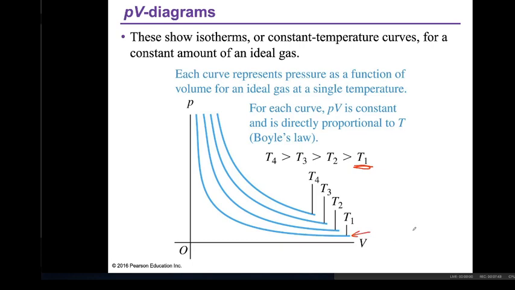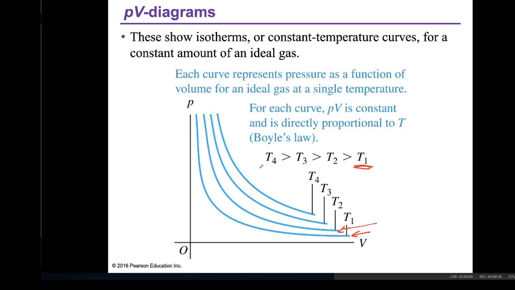If you increase the temperature to T2, a higher temperature, the ideal gas has similar behavior: when you increase pressure, the volume will decrease. This is the curve of T1, T2, and if you have a higher temperature T3 and an even higher temperature T4, their curves look like that.